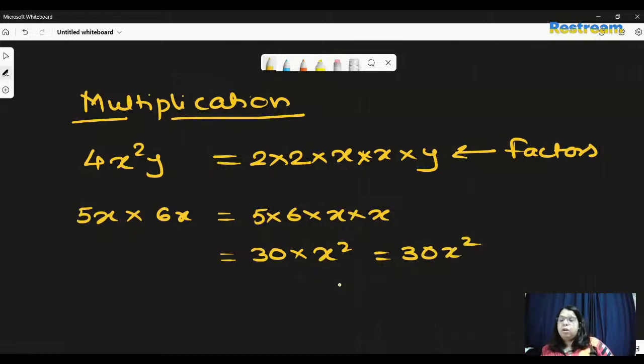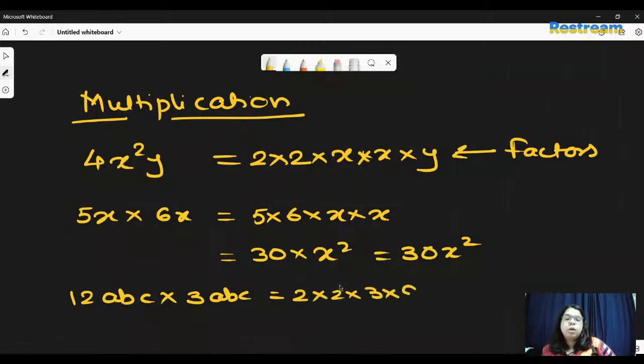Okay. Or let's say I have 12abc multiplied by 3abc. So I will factorize this. 12 is what? 2 into 2 into 3 into a into b into c, and 3abc is 3 into a into b into c. So now I will take all the numbers together.